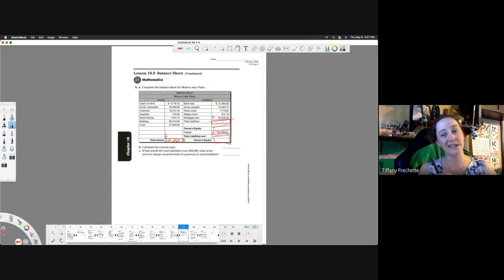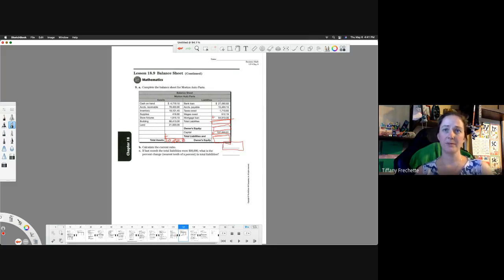You should end up with a number that's pretty small. It's going to be either a decimal, 0 point something, or 1 point something if your liabilities are pretty low, possibly 2 or 3. This one does get a little bit higher than 1, so just keep that in mind. We want to see where we are.